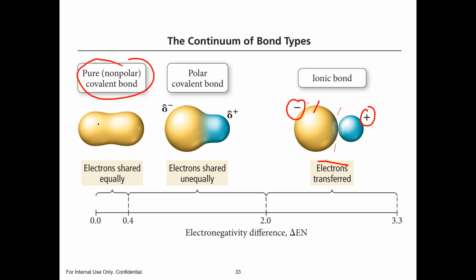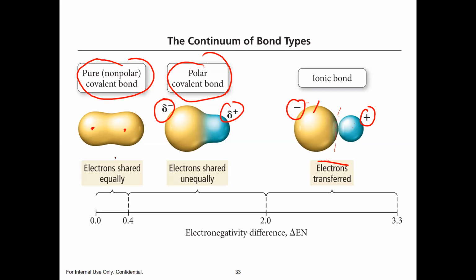Covalent, equal sharing. That means this little shape means the probability of finding an electron. Probability of finding the electrons are equal on both sides, so there's equal sharing. Polar covalent, there's sharing of electrons, but the sharing's not equal. More electrons are going to be on the left side than the right side.